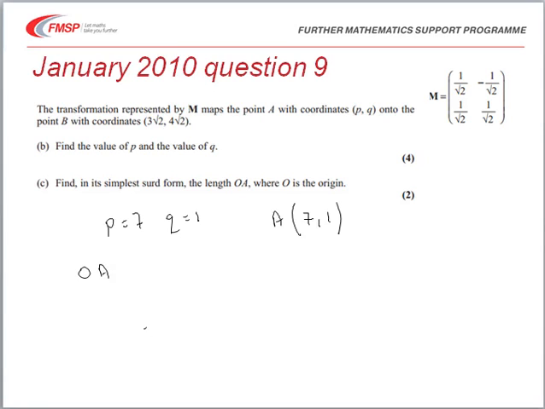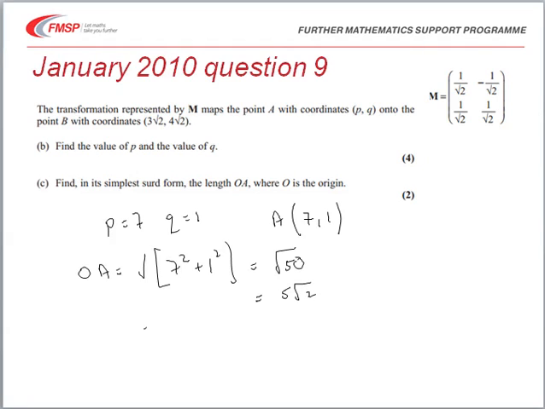OA is equal to the square root of 7 squared plus 1 squared, which is root 50. And from 50 we can take out 25 as a perfect square, so this becomes 5 root 2.